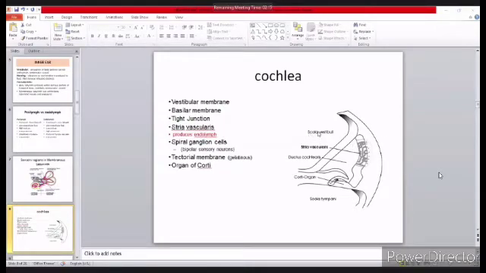Separating the scala vestibuli from the scala media, we have what we call the Reissner's membrane. And then separating the scala media and the scala tympani, we have another membrane, which is the basilar membrane. This is the basilar membrane. This is the Reissner's membrane, where my cursor is.